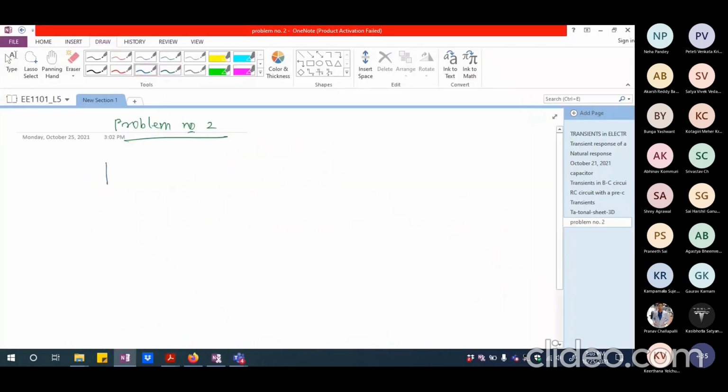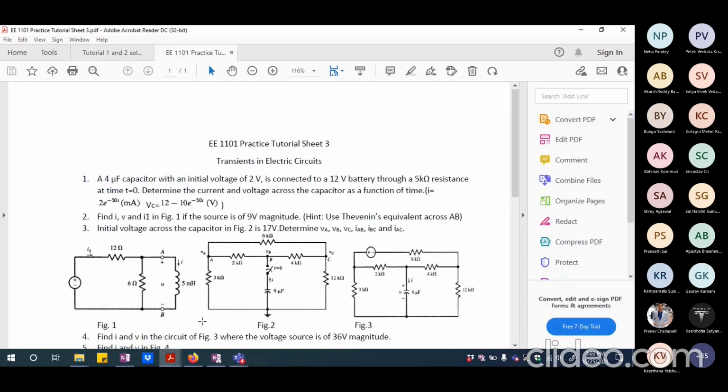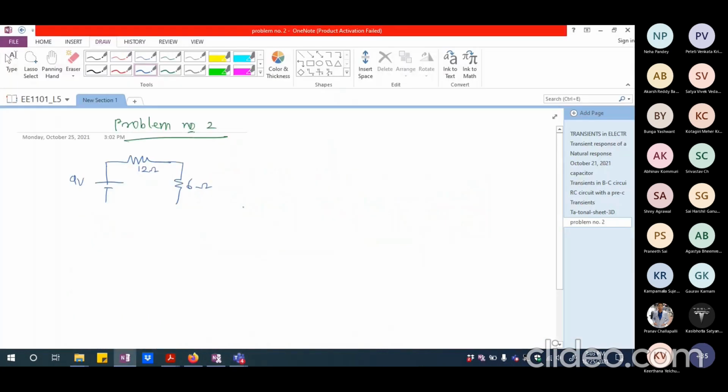So I'm having a 9 volt source. There is one resistance here, which is 12 ohm, and another resistance here, 6 ohm. And I'm going to have 5 millihenry as the inductance here, which is coming across A and B.